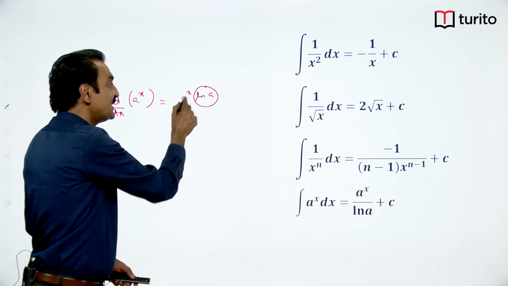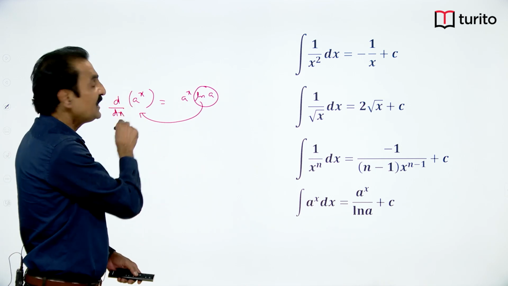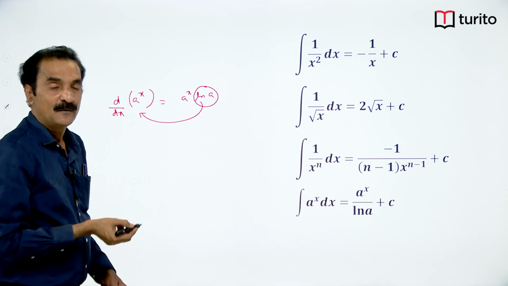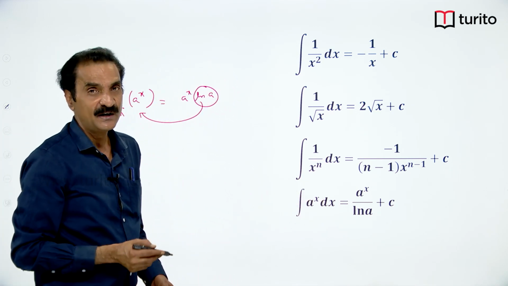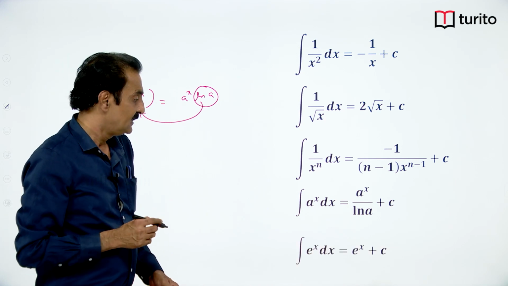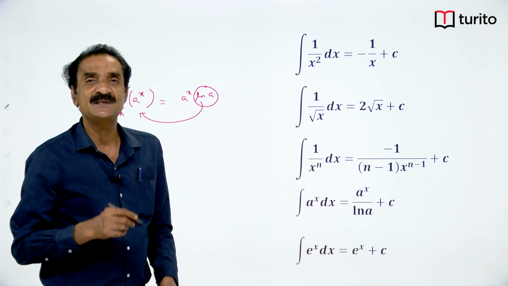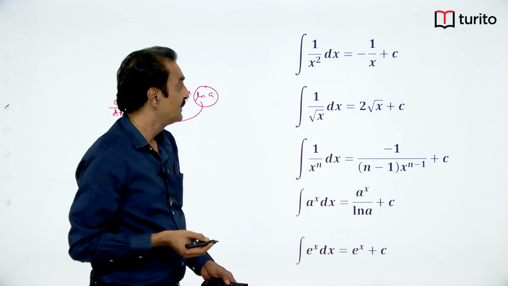Ln a is a constant, so taking it to the LHS, we get derivative of a power x by ln a is a power x. So, we get integral a power x dx is a power x by ln a, it is a formula. Similarly, you know that derivative of e power x is e power x. So, integral of e power x is e power x.